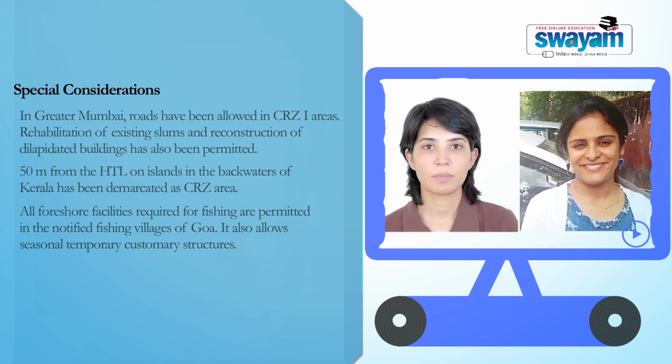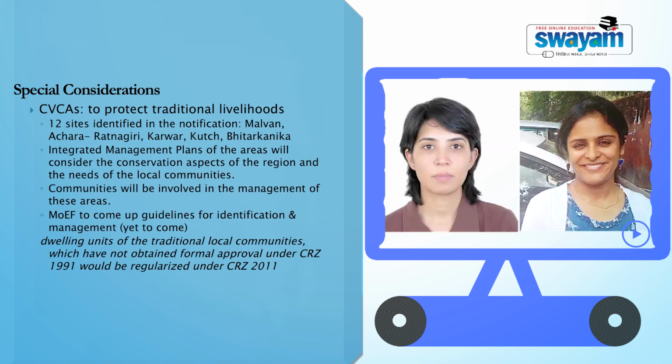CRZ notification 2011 has identified 12 sites that should be notified as critically vulnerable coastal areas, that is CVCAs. These areas are to be notified for the purpose of protecting the critical coastal environment and reducing the difficulties faced by local communities. Sundarbans, Gulf of Kutch, Gulf of Mannar, Bhitarkanika are a few examples.